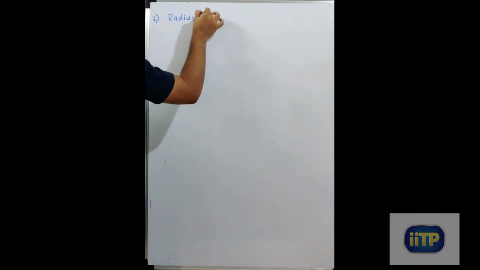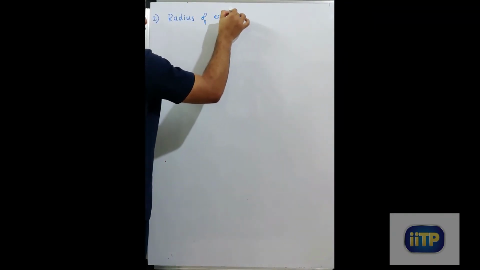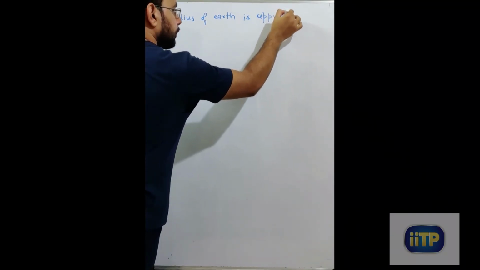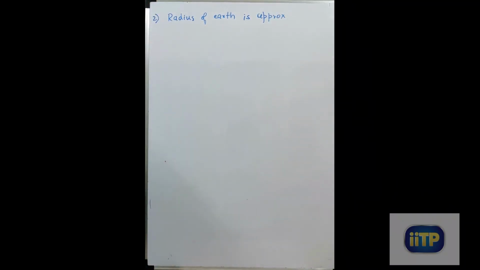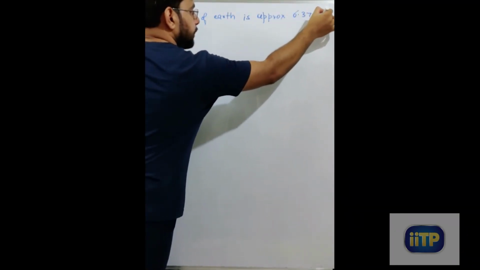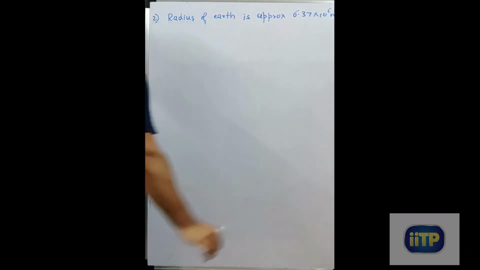The radius of the earth, next question. The radius of earth is approximately 6.37 into 10 raised to 6 meters.